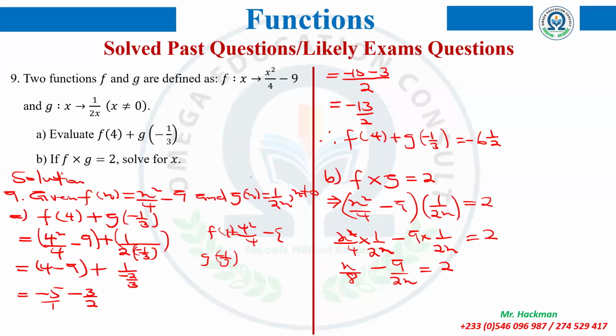So at this point, you clear the fraction, which will be the LCM. So LCM will be the product of the 8 and the 2x. So that will give us what? 16x. Am I right? Mr. Hoffman, please, the LCM, isn't it 8x?